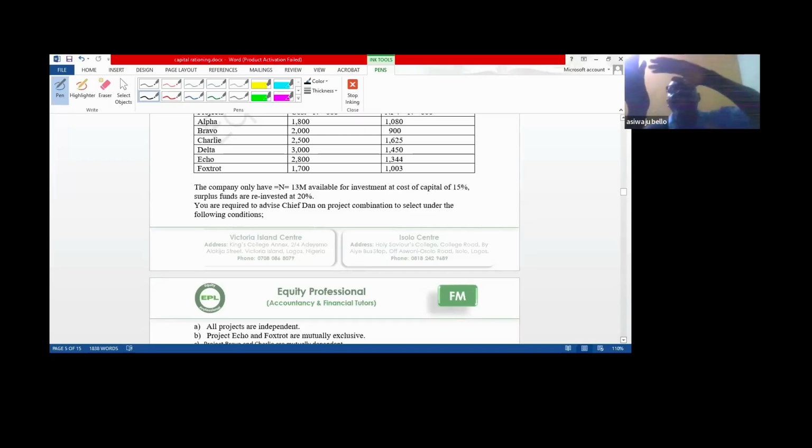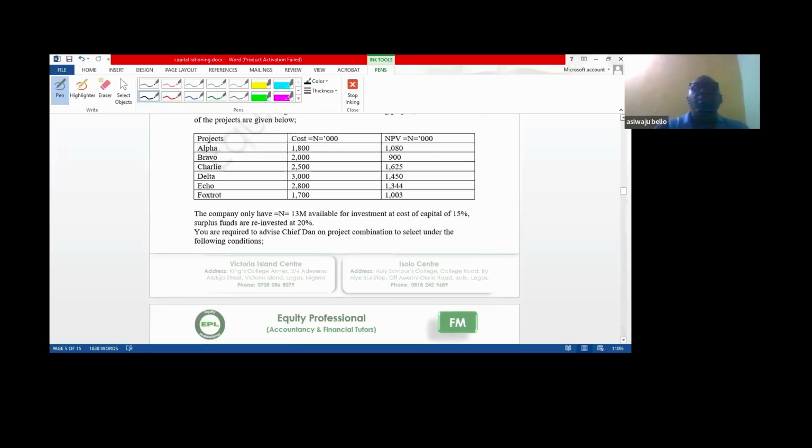You are going to compare capital available with the capital required. All the projects are viable. All the projects have positive NPV. So we need to sum up. What is the capital required? You are going to sum up the investment cost.